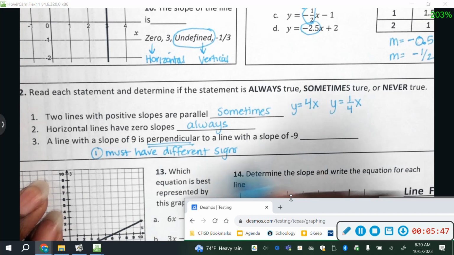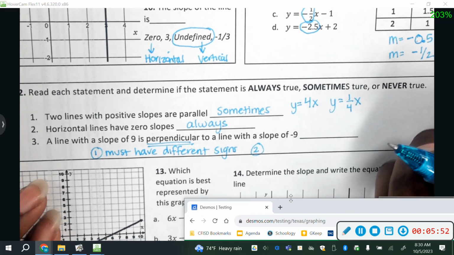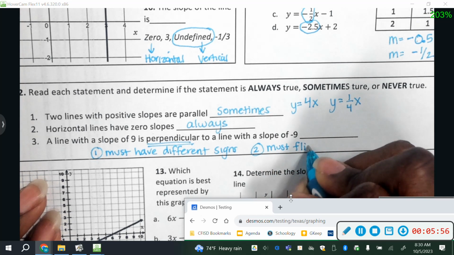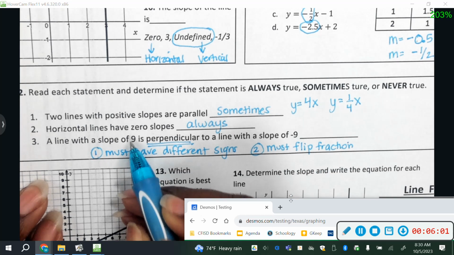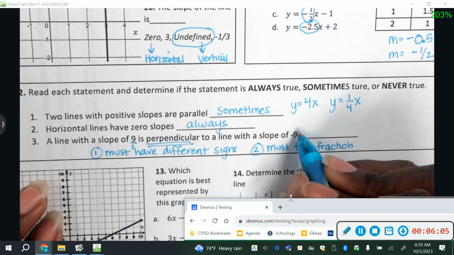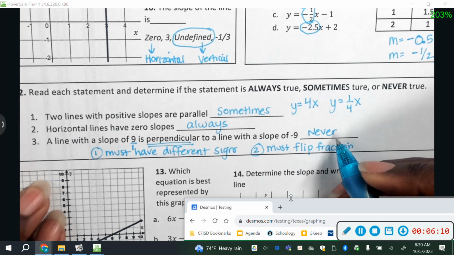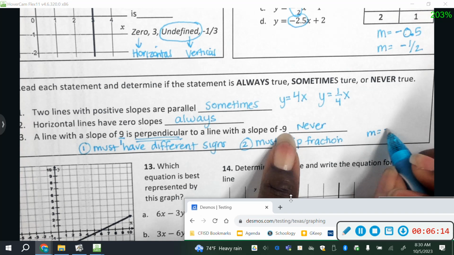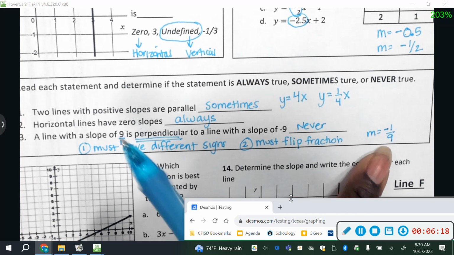Does this slope and this slope have different signs? Yes. However, the second rule is must be a reciprocal, which means flip the fraction. This fraction is 9/1. Did they flip it over here? No, they didn't. Never. If the slope wanted to be perpendicular, it would have had to be a -1/9. That's how you flip a 9/1.